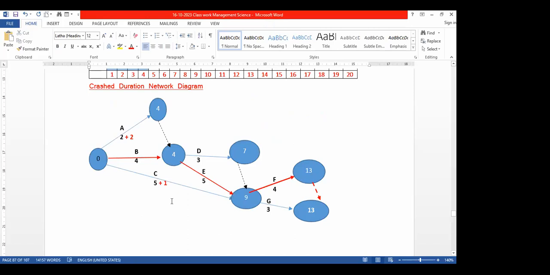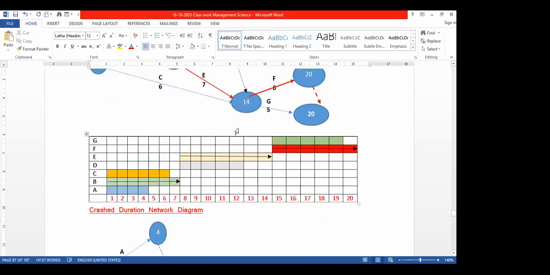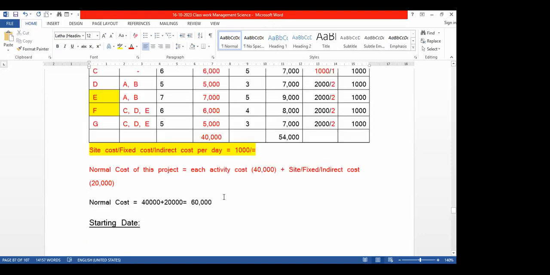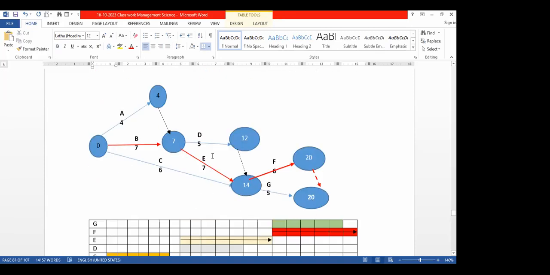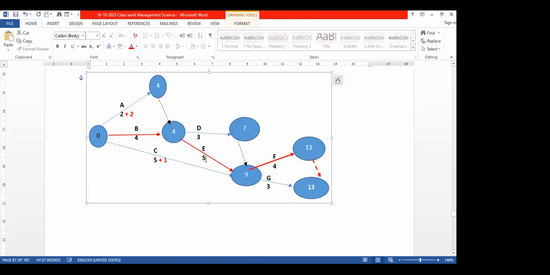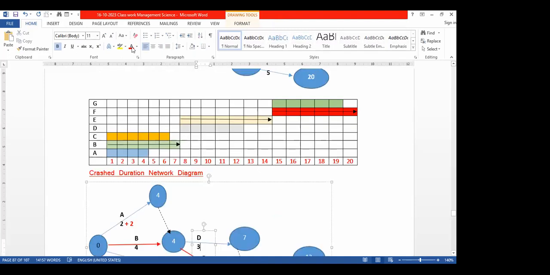Normal duration 5. Crash duration 3. Now you see how many days we have reduced in the activity D. All additions I put the plus with the red color.